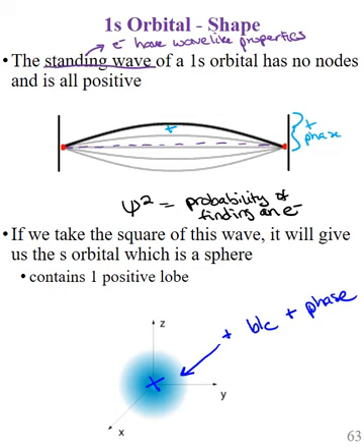So remember that the s orbital doesn't tell us exactly where the electrons are going to be found. These are going to be the most probable areas where an electron will be found.